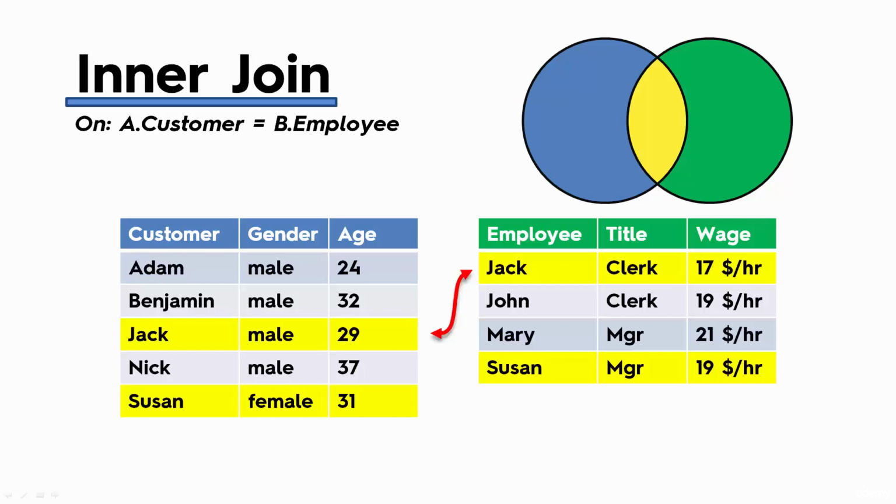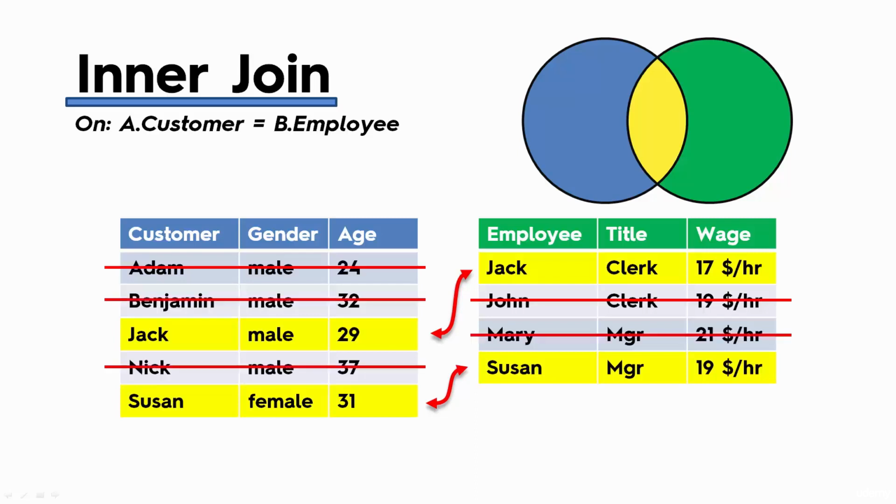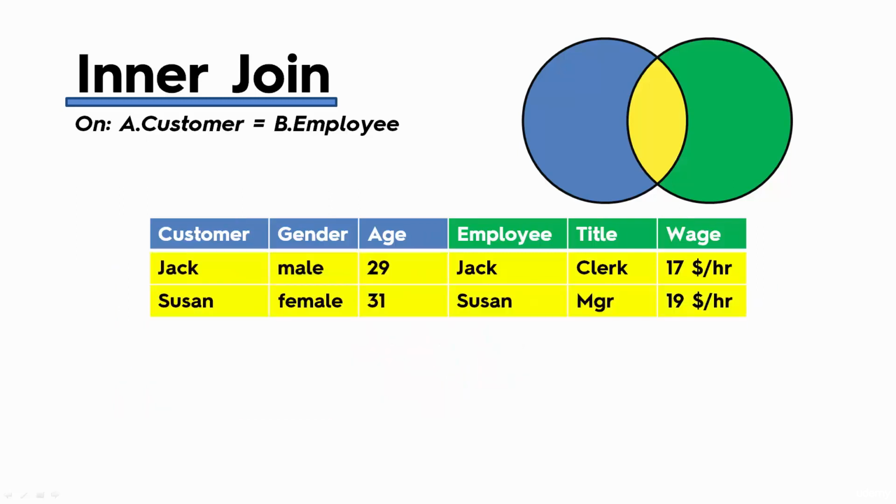In this case, Jack is matched with Jack and Susan is matched with Susan, because we're just looking at the customer column in the left table and the employee column in the right table. Once that matching is done, the rest of the rows which haven't matched are discarded, and the remaining table looks like this. It only has those rows that match and glues them together. That's what the result of an inner join on these two tables would look like.